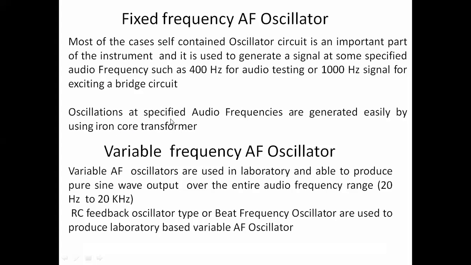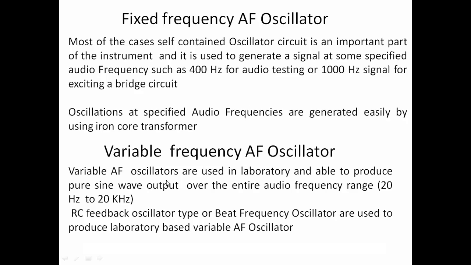The transformer has primary and secondary windings, and due to the iron core, the primary produces the secondary. Like that we can have fixed frequency oscillators.